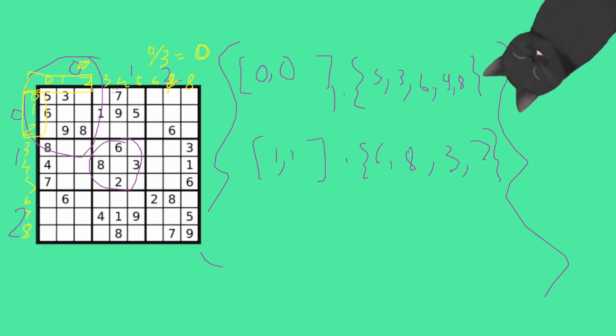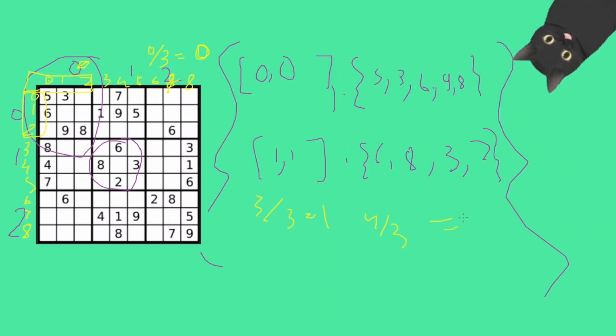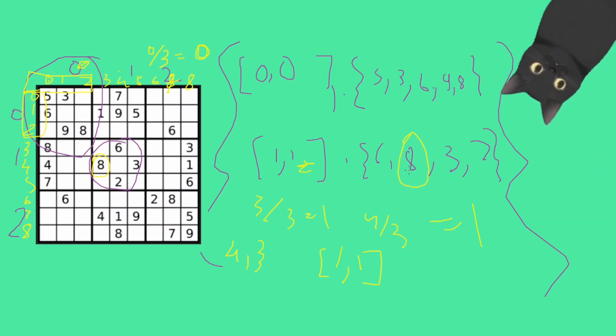So 3 by 3 is 1. 4 by 3 is 1. So if I have 8, which is row 4 comma column 3, it will be in the 1 comma 1 cell. As you can see, there you go. That is how I will be adding the data to the cell hash set. Let's go and code.